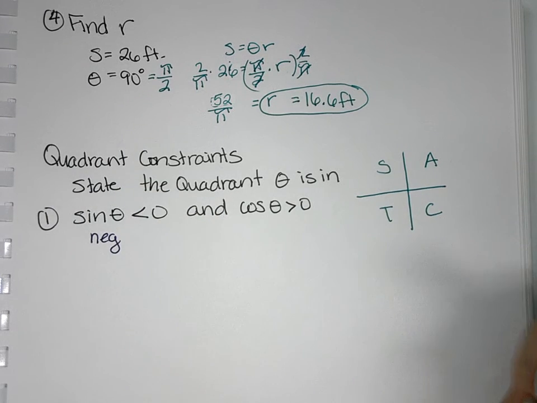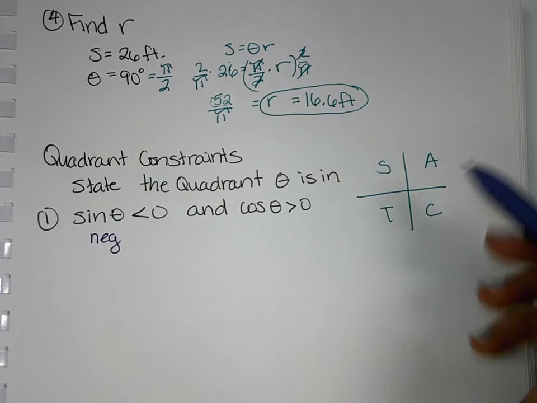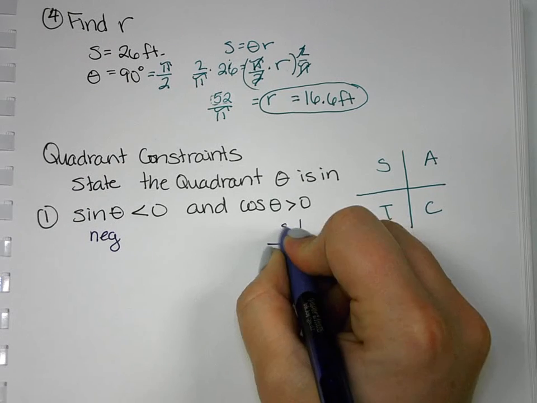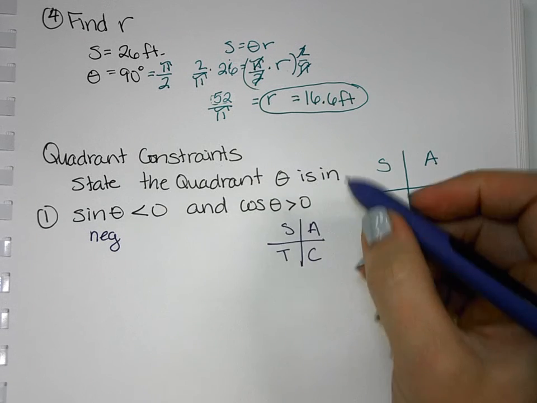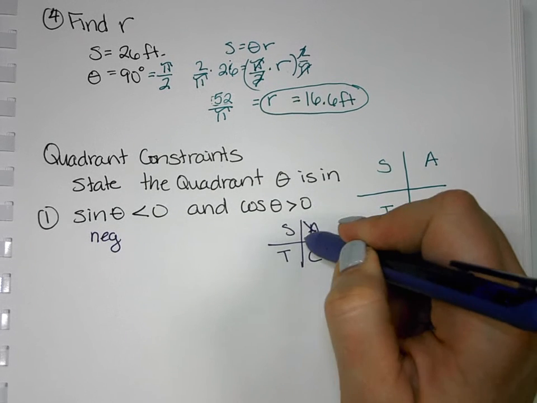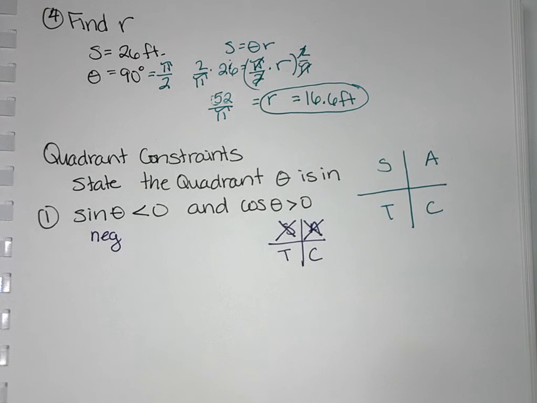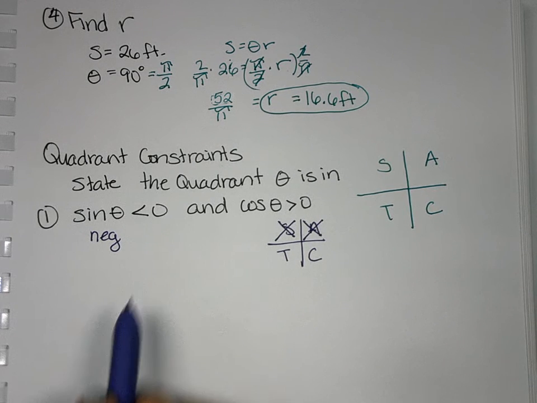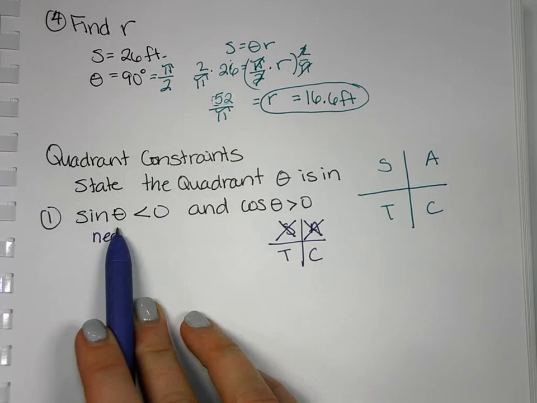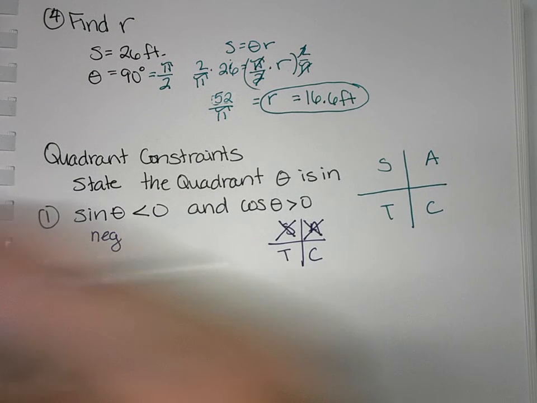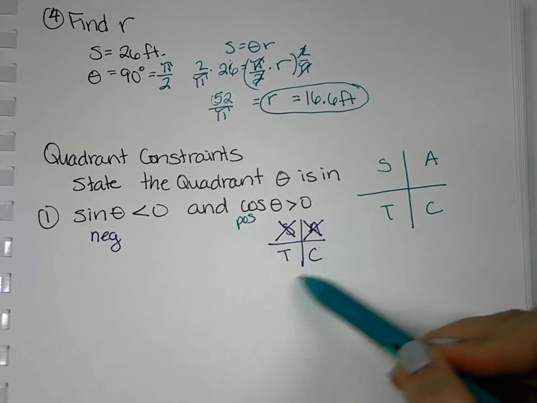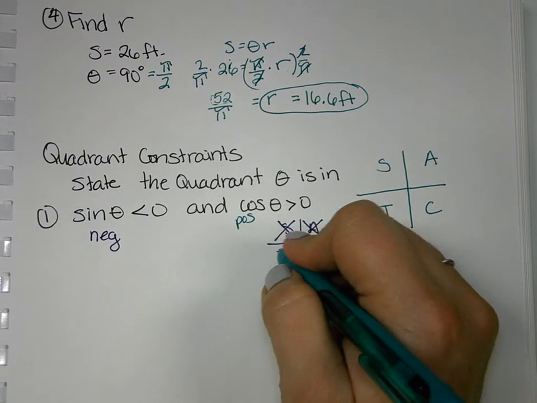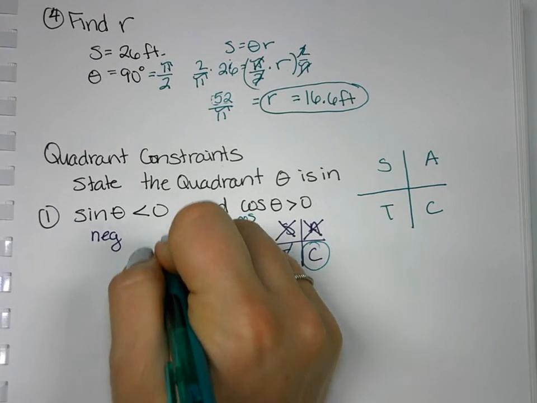So looking at my All Students Take Calculus, I know if sine is negative, it's not here and it's not here. Okay, so I'm able to eliminate 2 of my quadrants based solely on this first piece. Now the second piece, cosine is positive. So I'm thinking, okay, out of what's left, where is cosine positive? Well, it's not positive here, so this has to be in quadrant 4.